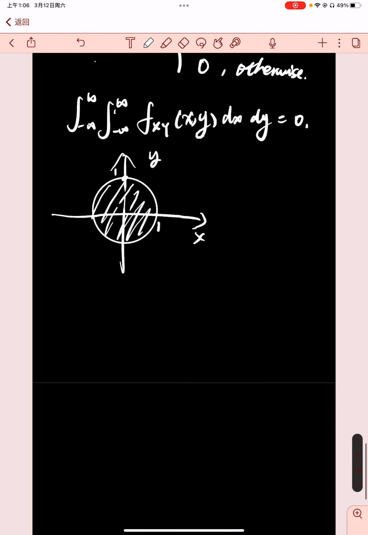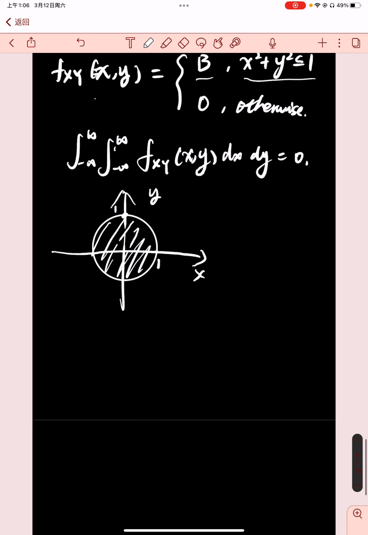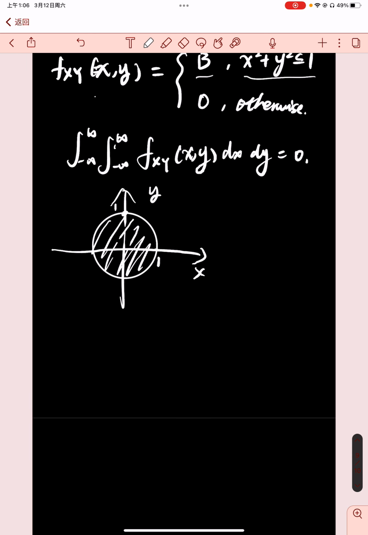So b means basically the area that can be in the circle. So we can have that b would be the radius squared.